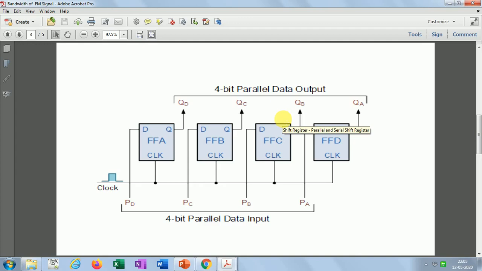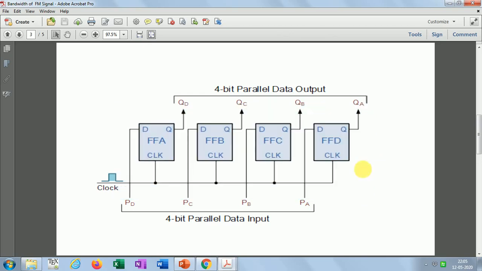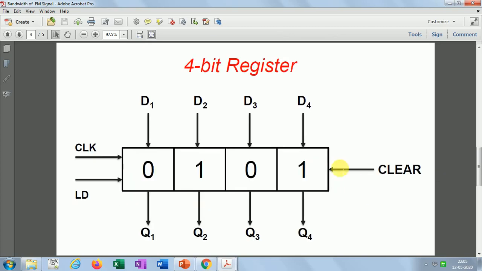But in a register, usually what we will do is, let's represent this schematic diagram in a more concise way. I will just represent the same thing using this format.